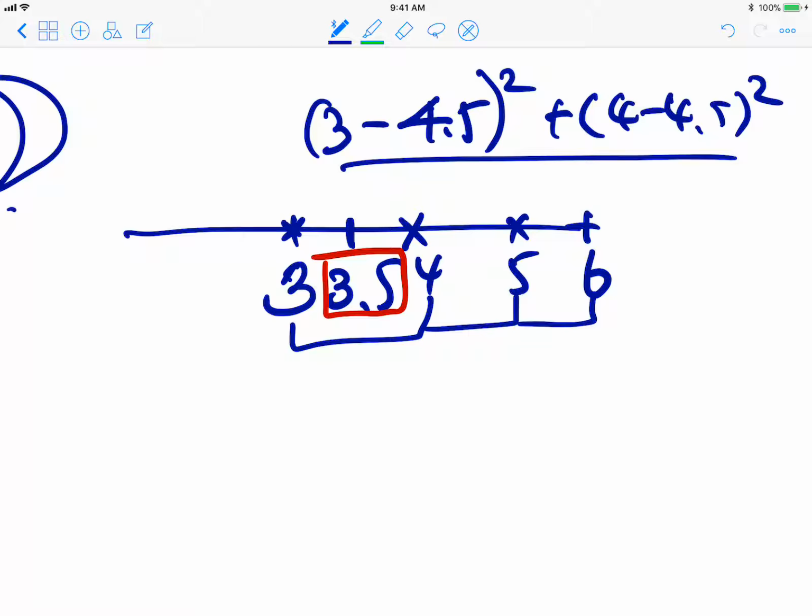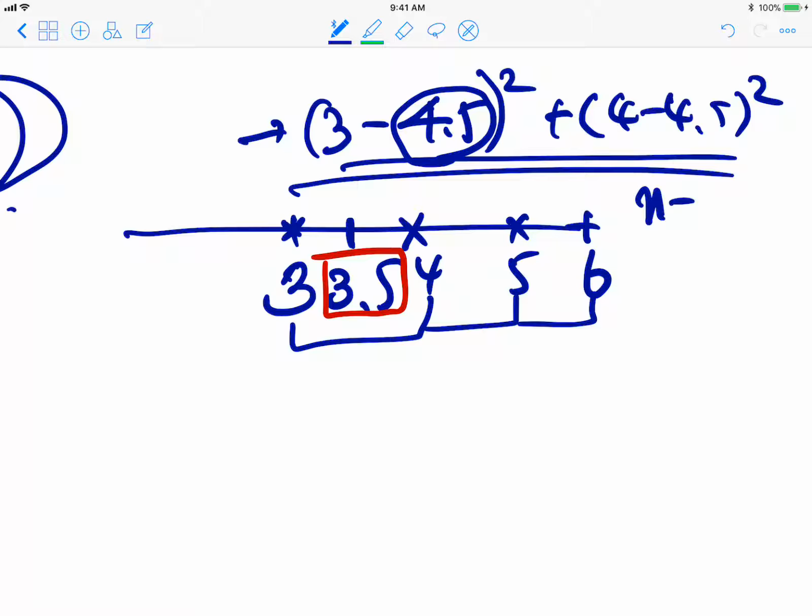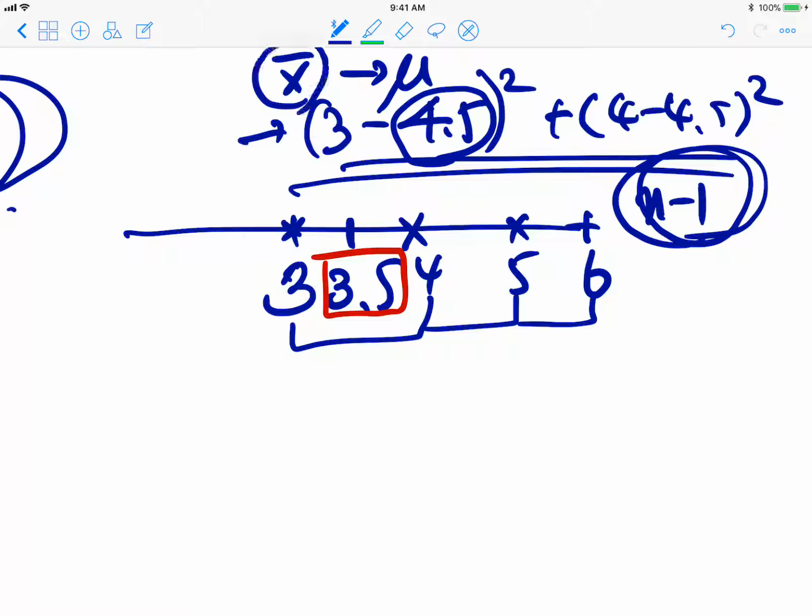If we compute the sample variance in this manner, instead of using the true mean value, the sample mean will give a slightly underestimated value of our variance. That's why we divide by n minus 1. And if you remember, by replacing the true parameter mu with the sample mean, we reduce 1 degree of freedom from the original chi-square distribution.